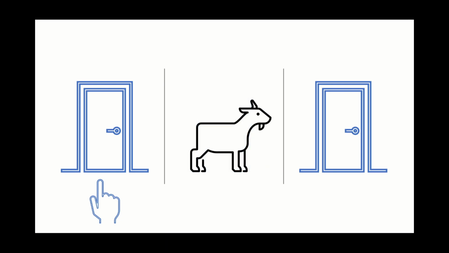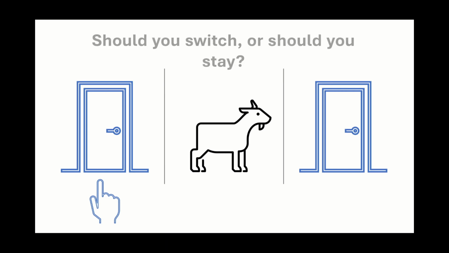So let's say you pick this door. Now, before opening that door, he goes around and opens another door, which he knows has a goat behind it. Now, he offers you this choice. Do you want to switch your choice, or do you want to stay?